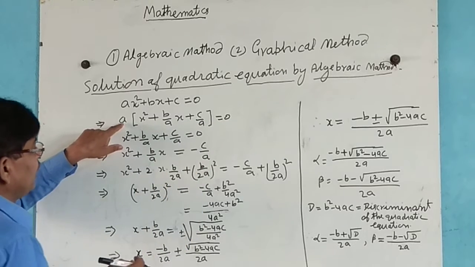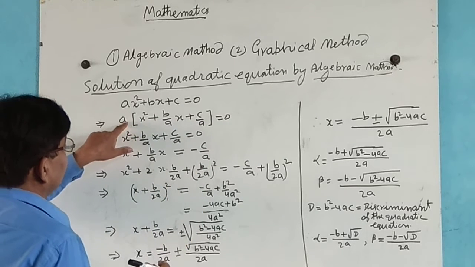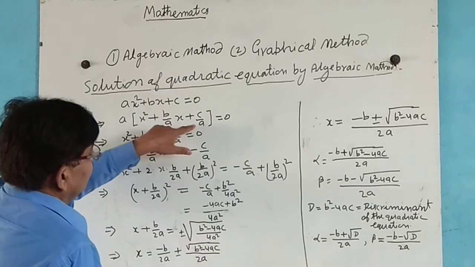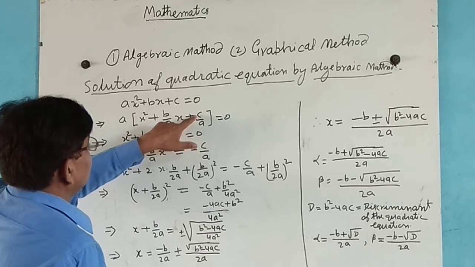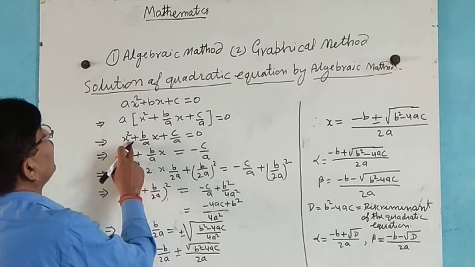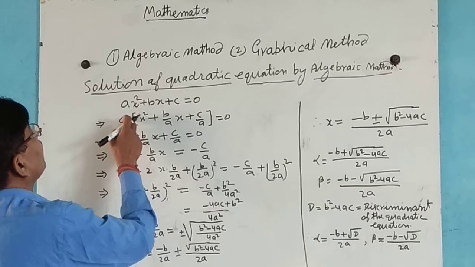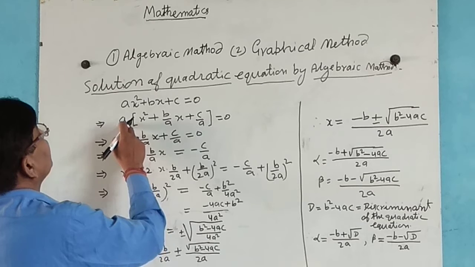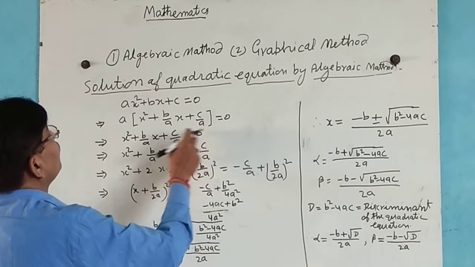If you multiply by a, then x square, a here in the product, positions change the side, that becomes 0.